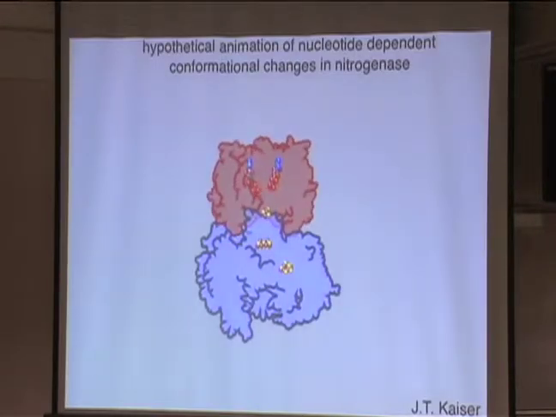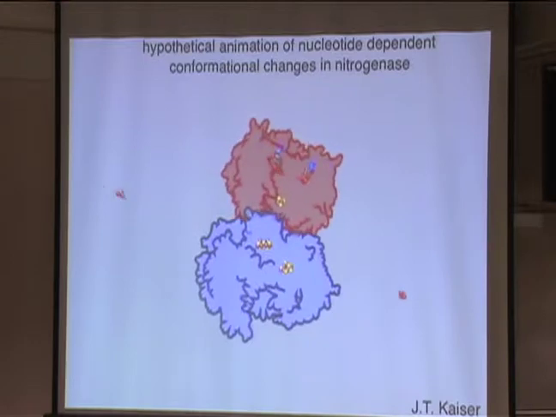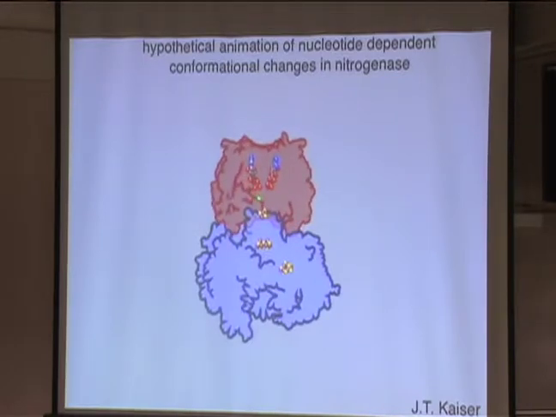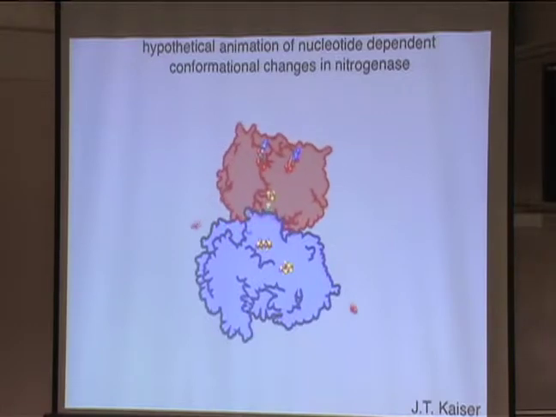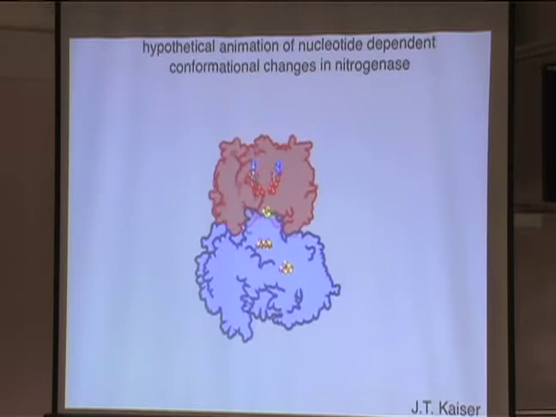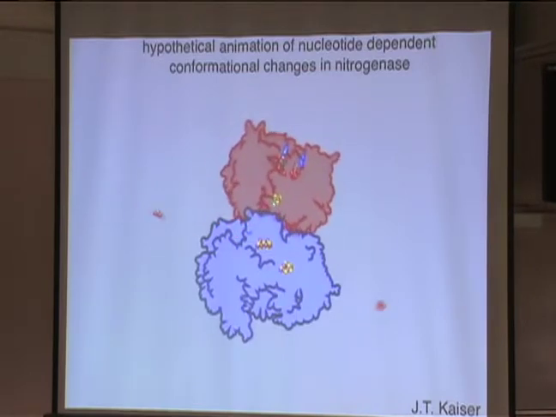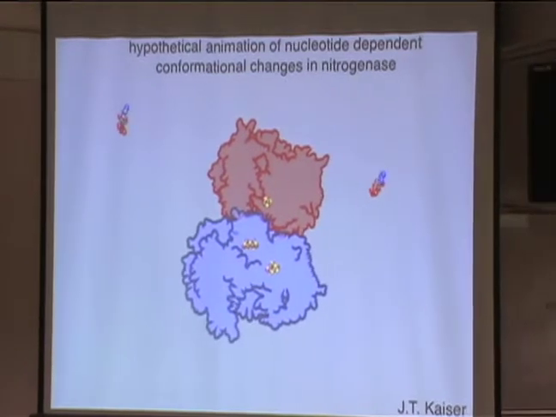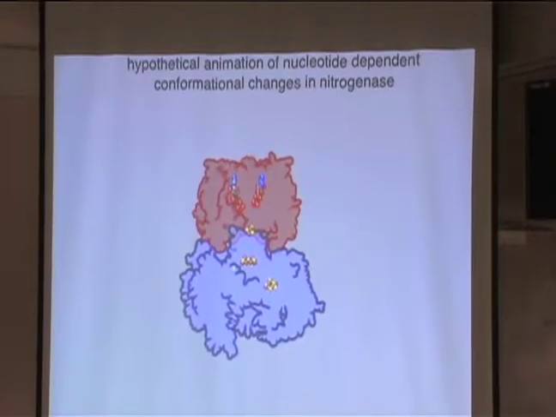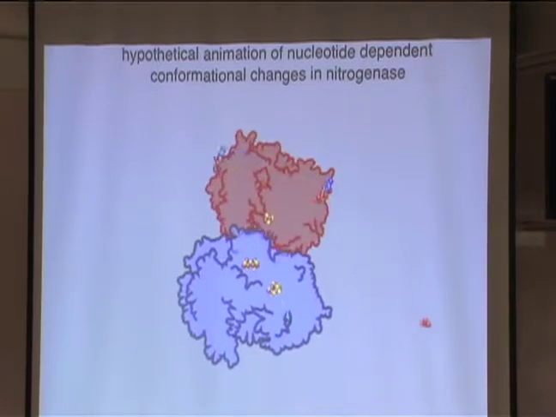Okay, well, this is just sort of a hypothetical animation. I guess animations are hypothetical, but anyway, trying to show this sort of interaction. Here's the iron protein. You can see in different states of the nucleotide here that here you have the close distance, and then when the phosphate groups leave, this is associated with a more distant sort of unplugging.